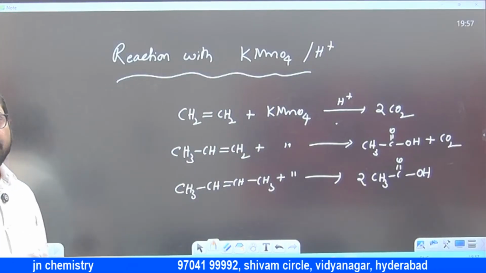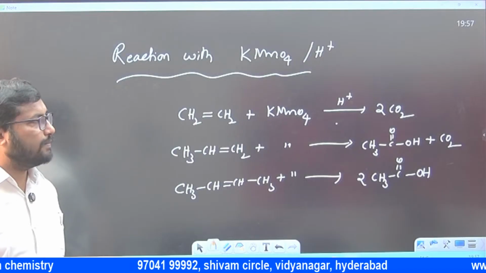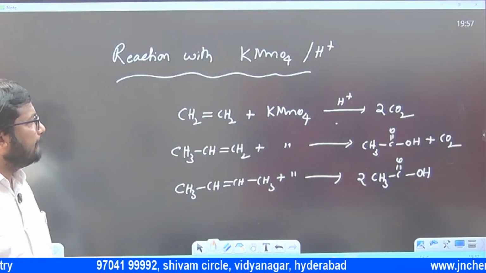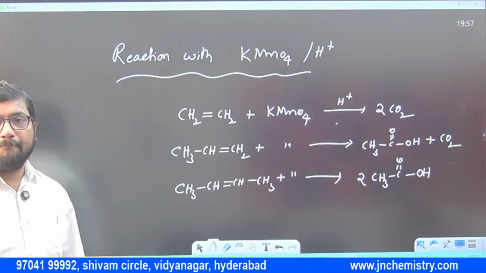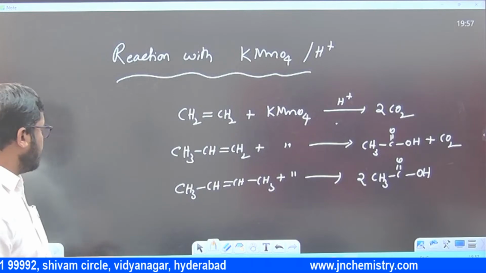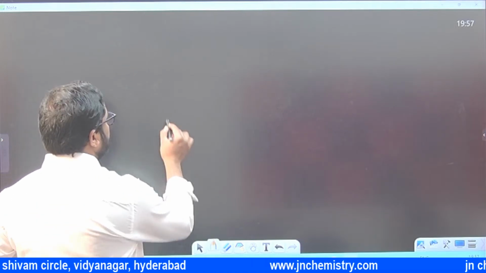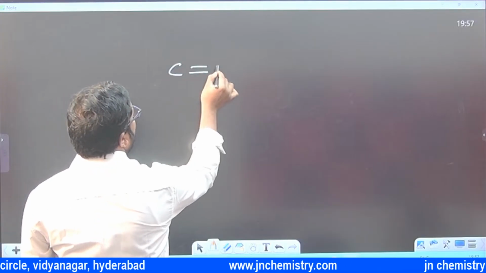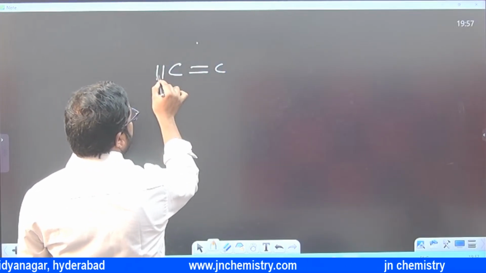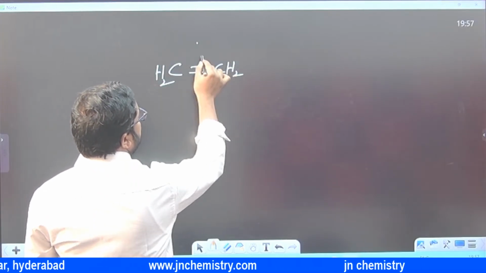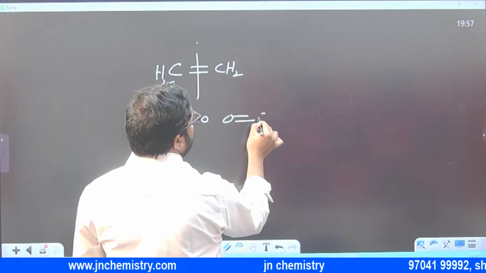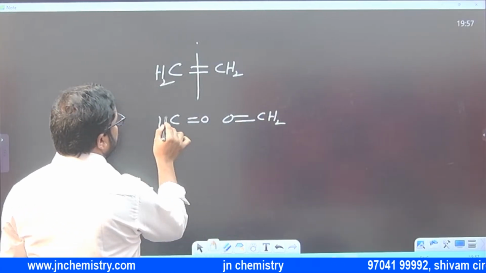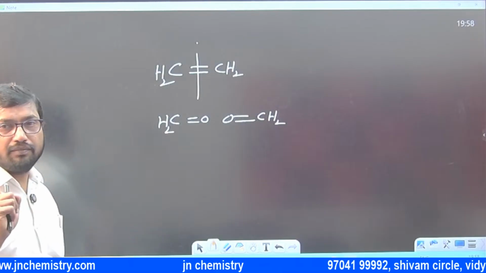I'll explain how we need to solve this question in easy mode. So first step, what we need to do, same like ozonolysis. For example, the CH2 CH example, same like ozonolysis, do it. So easy, right? First step.